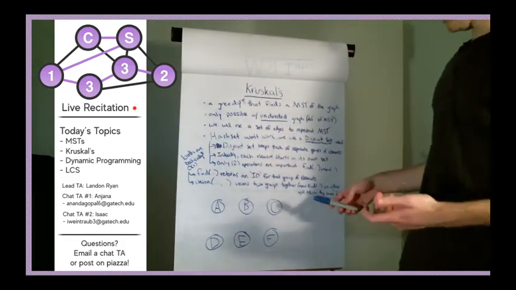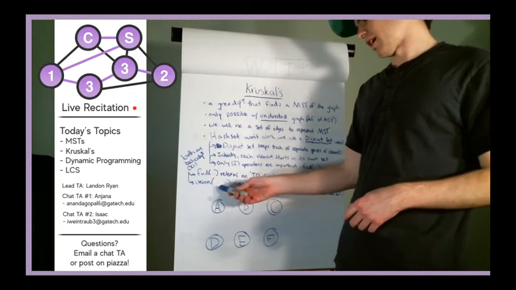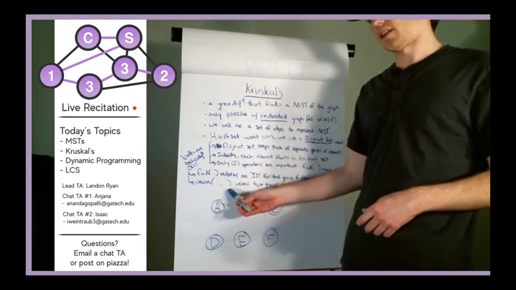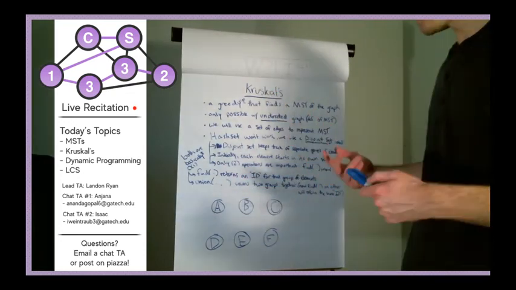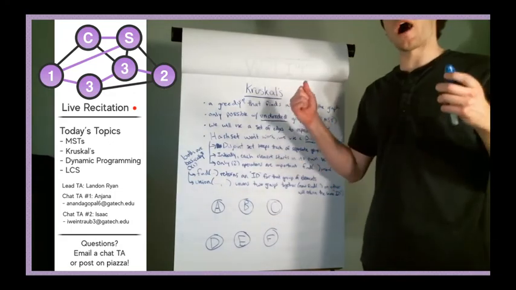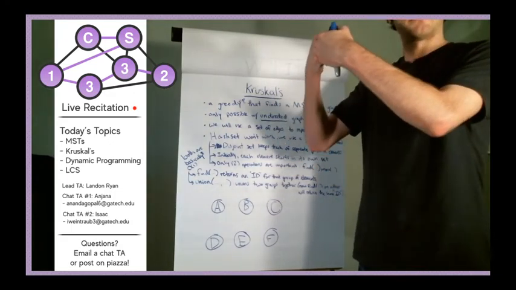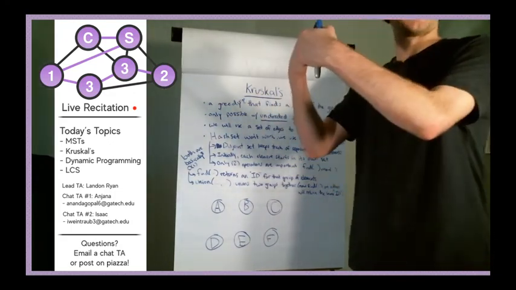The next is union, and union takes two parameters. I tried to denote that by having the first argument here and the second here. It takes in two arguments, and it basically says, I want to merge these two sets together.